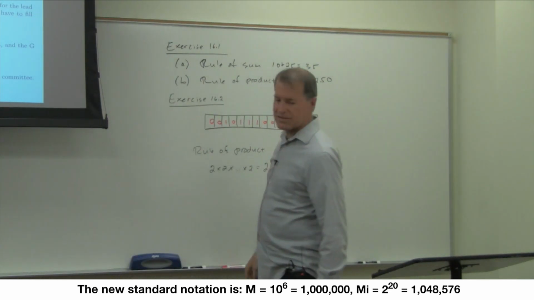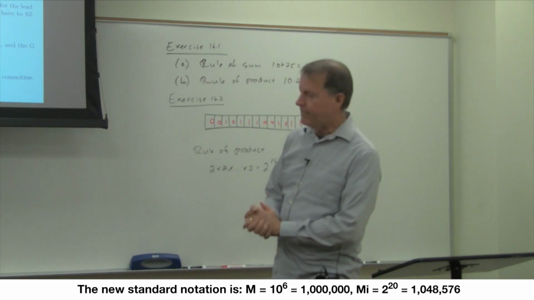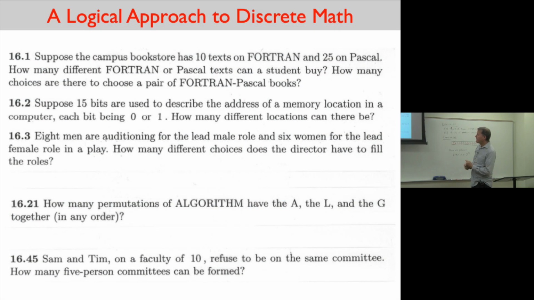So that's exercise 16.2. Let's do exercise 16.3. 8 men are auditioning for the lead male role and 6 women for the lead female role in a play. So right away, what do we know? It's an ordered pair. Male lead, female lead.